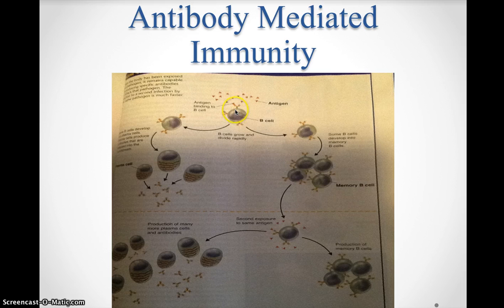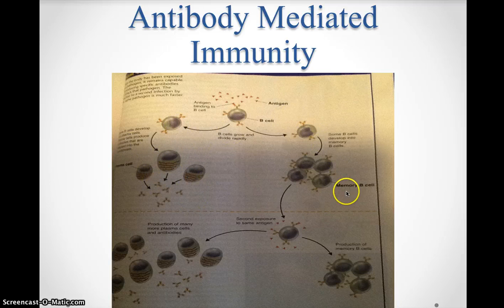Once it recognizes that they're under attack, it divides into these plasma cells, and instead of having these antibodies on the outside, what they do is they just mass produce them inside and release them out. And then they are free to cruise the bloodstream, and they will bond onto these bacteria and prevent them from causing any harm. And they will actually release chemicals summoning phagocytic cells to come eat them.